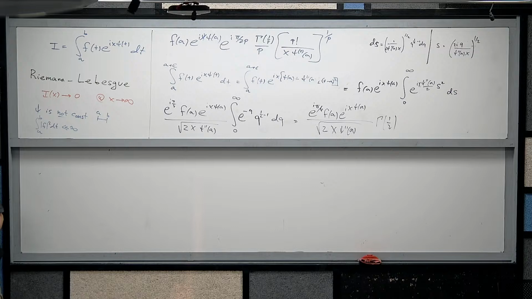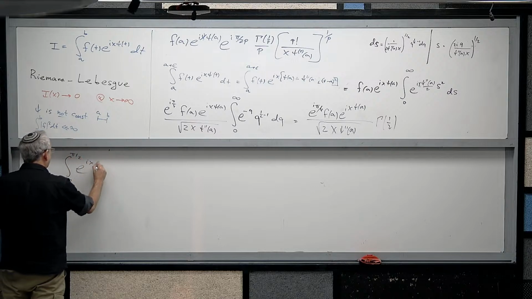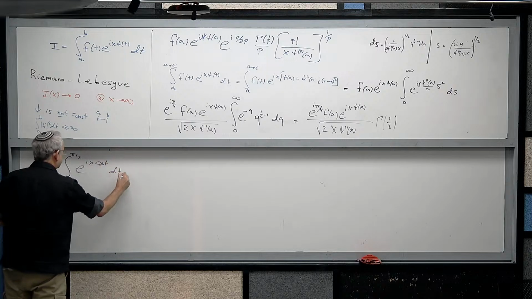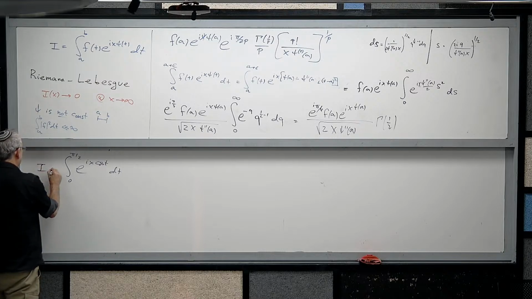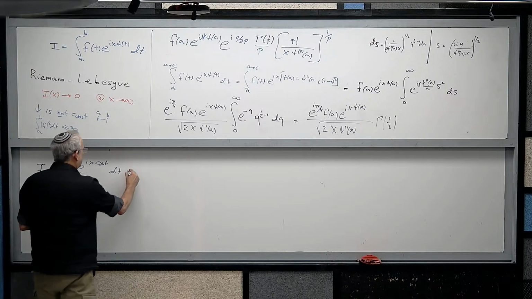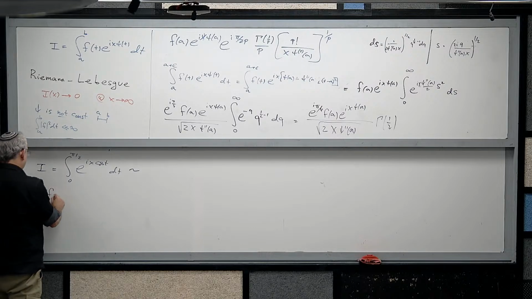Okay, so let's start with estimating the integral from 0 to pi over 2 of e to the i x cosine t dt. This is the integral, and I want the asymptotics of this integral as x goes to infinity. What can I say? f is 1. What is psi?